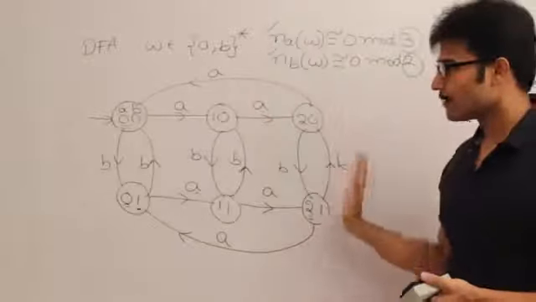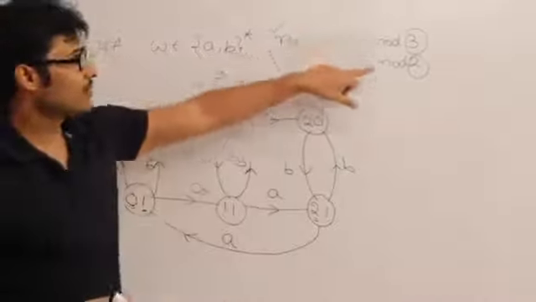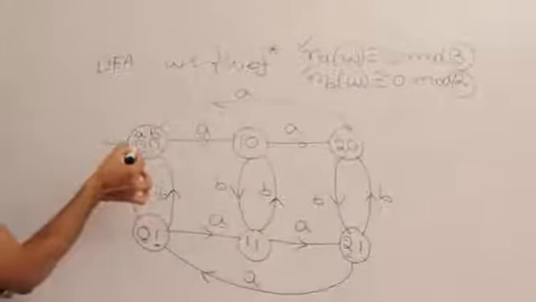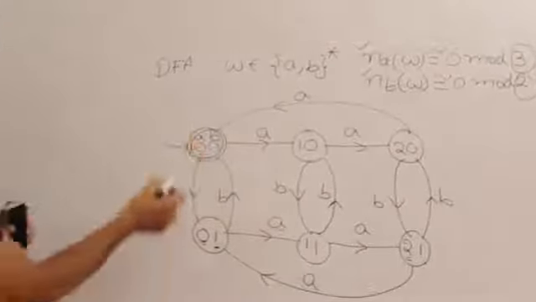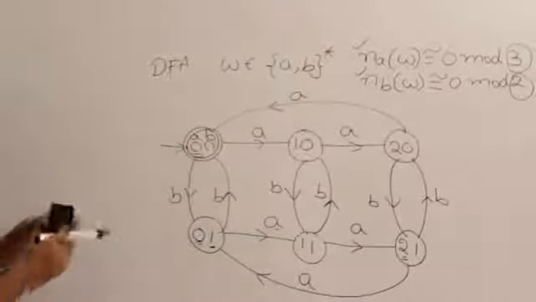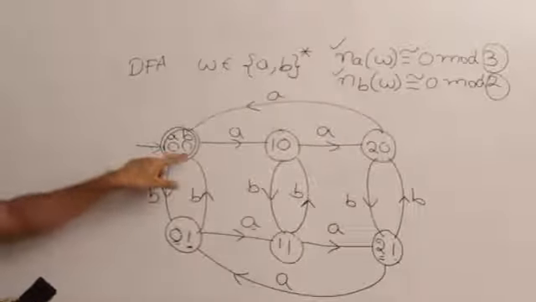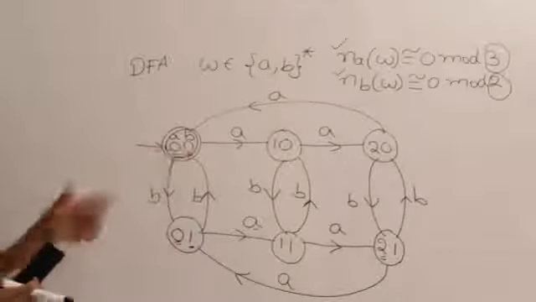So understand this diagram. Now if the question is that the number of A's has to be divisible by 3 and the number of B's has to be divisible by 2, then this one is the final state. See, this first number is going to indicate the number of A's when I divide it by 3, and the second number is going to indicate the number of B's when I divide it by 2. Why?